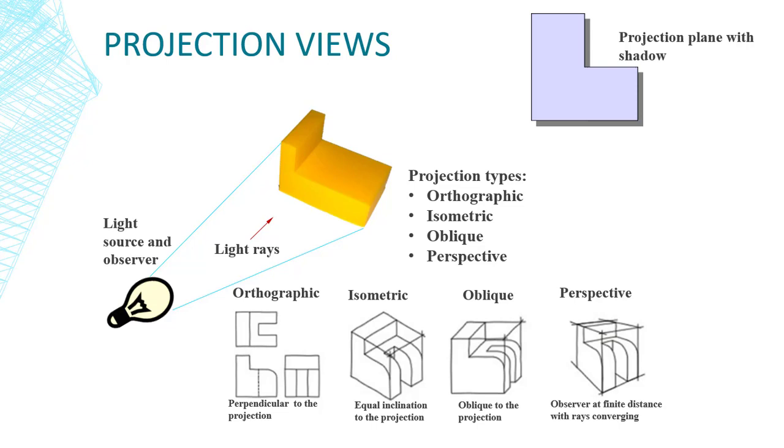The last type of projection view is called perspective. I'm sure you have heard that word many times. That is basically how the human eye sees our surroundings: the observer at finite distance with rays converging. So imagine yourself sitting in the middle of rail tracks and the tracks are stretching towards infinity. Let me help you imagine that.